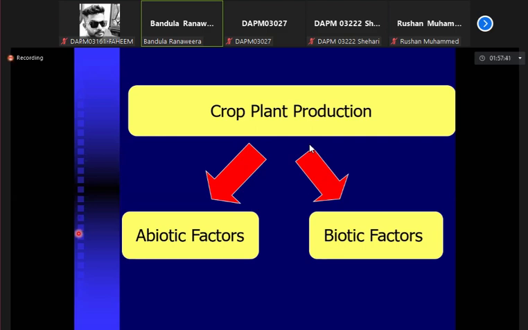factors. Now, when you list them, for me, it feels like you are listing the crop growth factors, because we know that temperature is essential. There should be a certain temperature for photosynthesis, respiration, cell division. Then the moisture should be there in the soil.